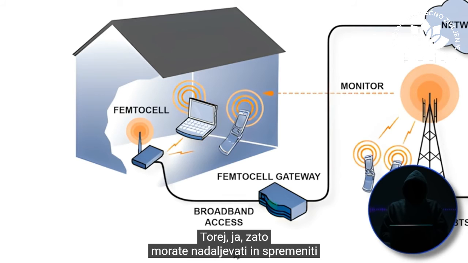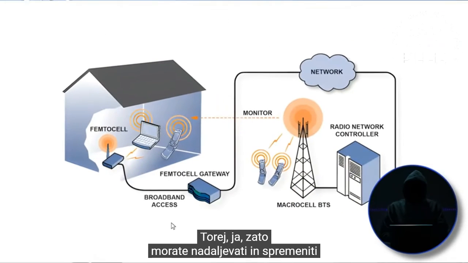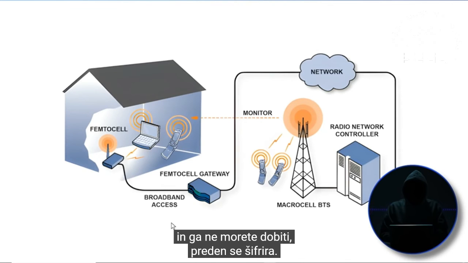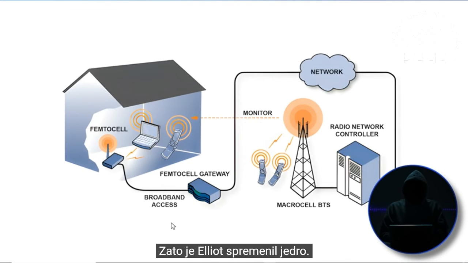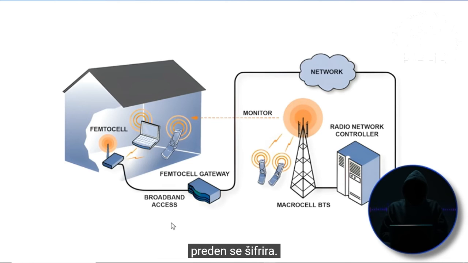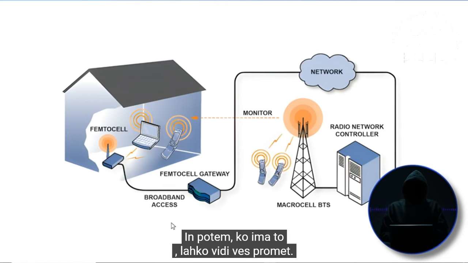That's why you need to change the Linux kernel inside that device, because as it's built, it's encrypting as soon as it hits the kernel, and you can't get it before it gets encrypted. So that's why Elliot changes the kernel. He uses OpenWRT to change the Linux kernel before it gets encrypted, and once he has that, he can see all the traffic.